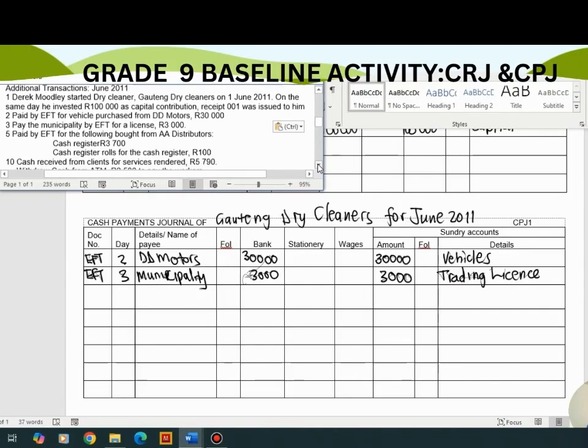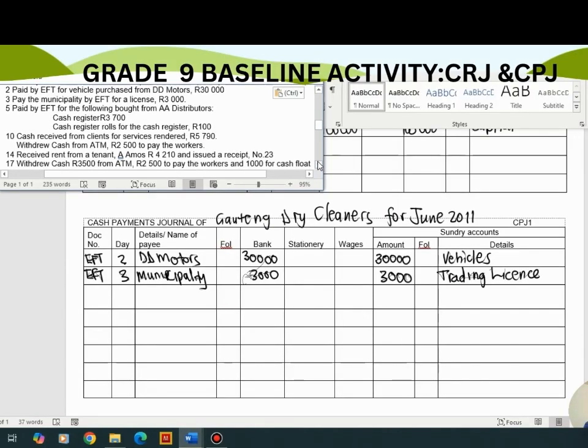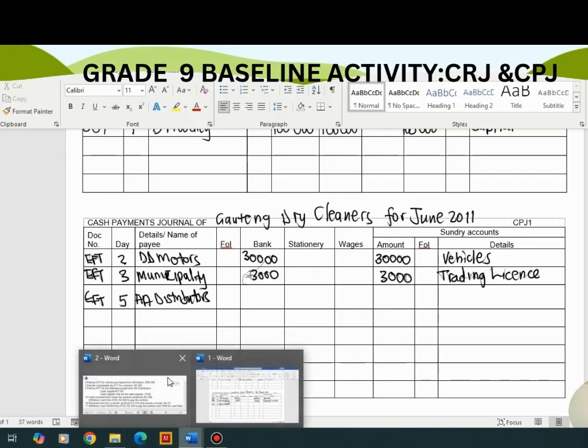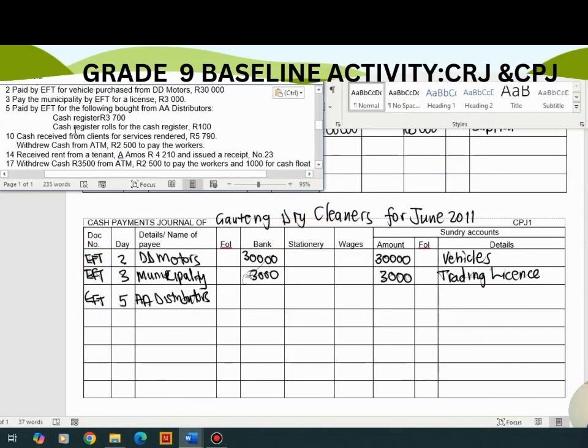The next transaction is on day 5. They paid by EFT for the following from PE Distributors: cash register equipment and stationery. So the source document here is EFT. That's day 5, PE Distributors. How much was spent buying the 2 items?